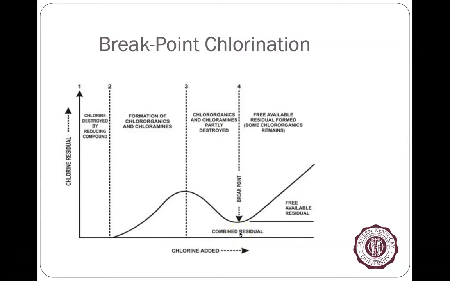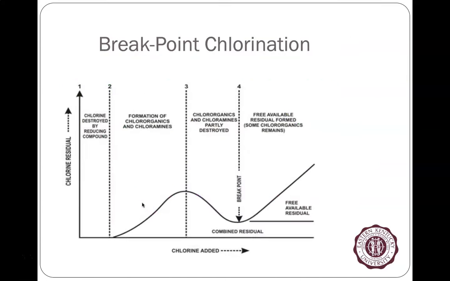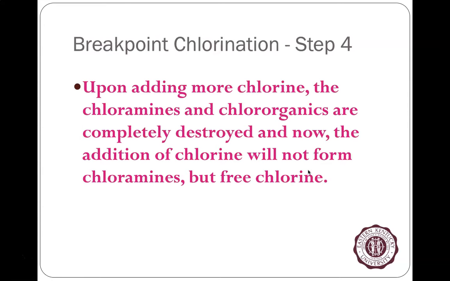Next, step 2, we form the chloramines. Step 3, as more chlorine is added, the chloramine levels peak and fall, and they keep falling until a breakpoint is reached. So the chloramines and chlororganics are destroyed by adding more chlorine, and they're also destroyed by other things in the water. Step 4. Eventually, if we keep adding chlorine, we will have destroyed them all, and we get to the breakpoint.